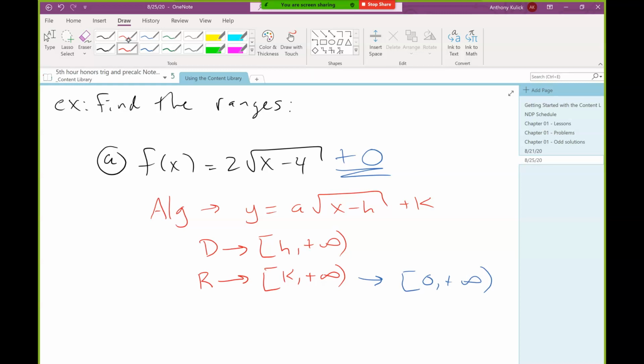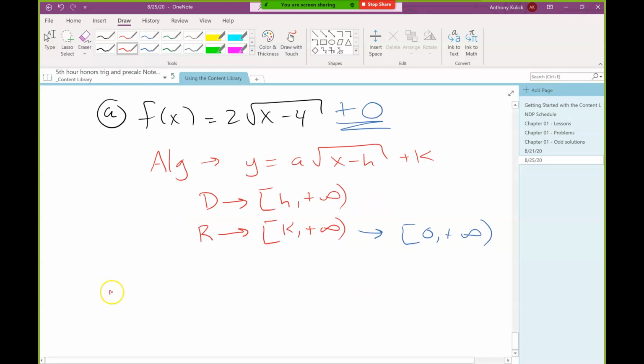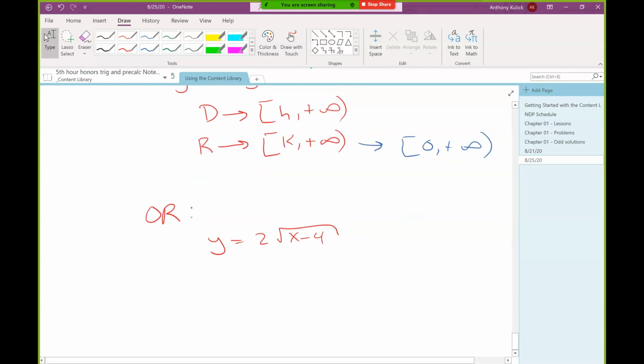Now let's pretend we didn't notice this. Another way we could think about finding a range would be to kind of use this idea of inverses.